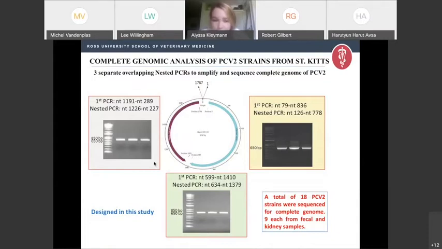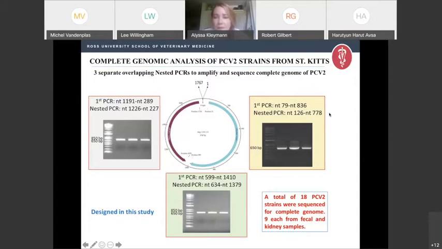These primers were designed in such a way that there was overlap between the primers, stitching together this circular DNA virus into 3 parts. So the first PCR primers are listed here in each of these boxes.